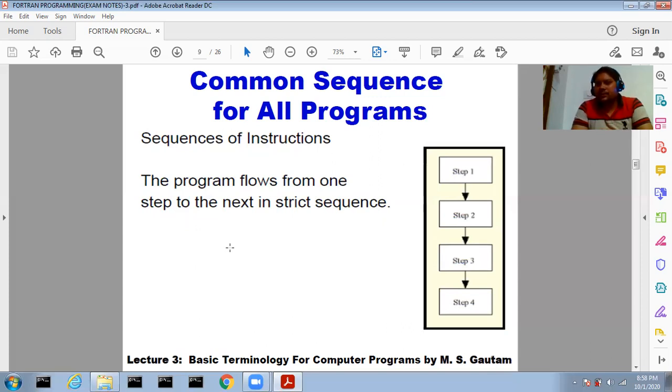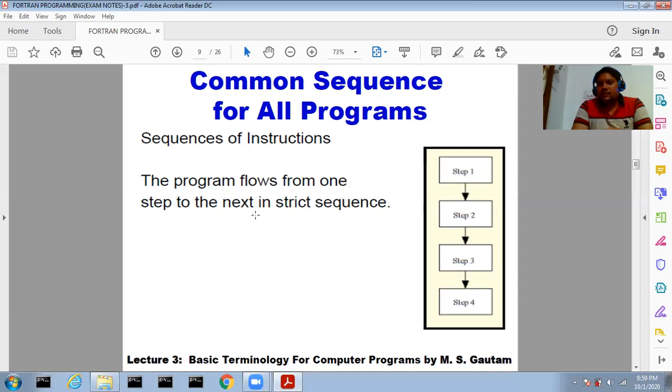The arrow indicates the flow of program. Program is going from top to bottom as the arrow indicates, from first step to fourth step.